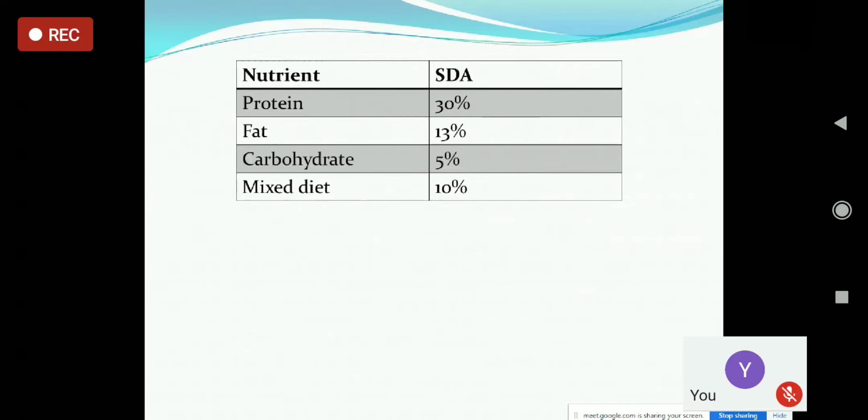This is actually an expenditure by the body for the utilization of foodstuff. Even though the same foodstuff gives you energy later on, for their utilization, the first step, you need energy. And this requirement is highest for proteins and lowest for carbohydrates.